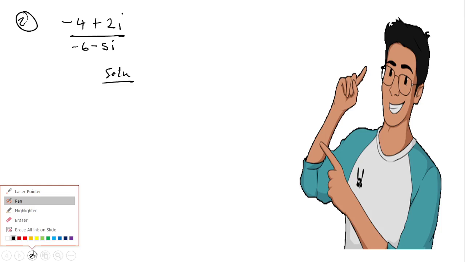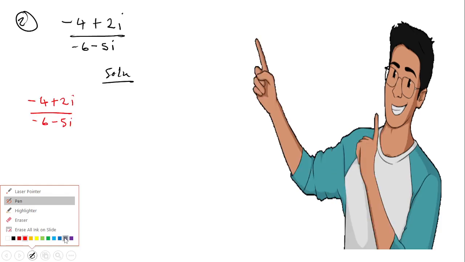The first step, as usual, is to multiply both the denominator and the numerator by the conjugate. In this case, the conjugate is just negative 6 plus 5i, and then there you also have negative 6 plus 5i.